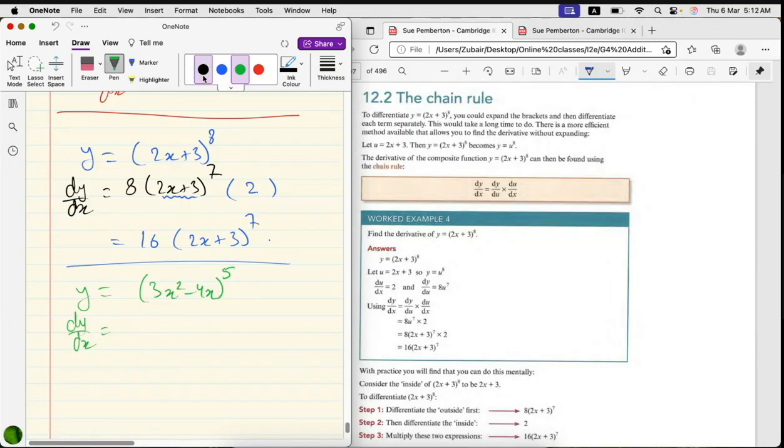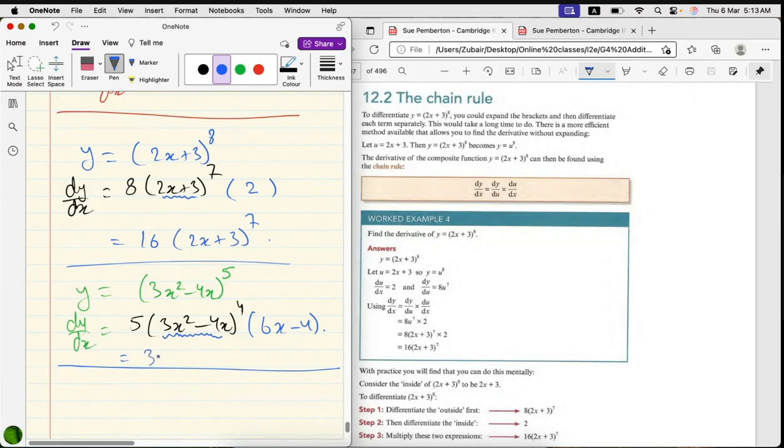We first deal with the power. 5 comes down, (3x^2 minus 4x)^4. Now we multiply with the differentiation of whatever is inside, and that was 6x minus 4. And we can definitely simplify it. Multiply 5 inside: (30x minus 20)(3x^2 minus 4x)^4.